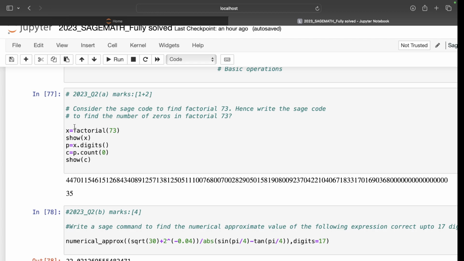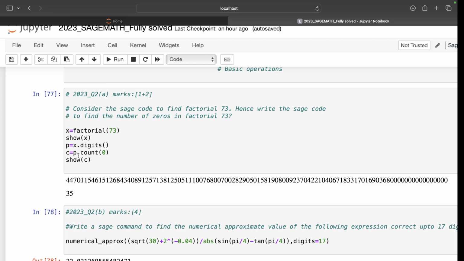This is the inbuilt function factorial 73 within Sage code; actually, this is Python. The factorial is an inbuilt function. And so x, the output is this: factorial 73, a large number. P equal to x dot digits.